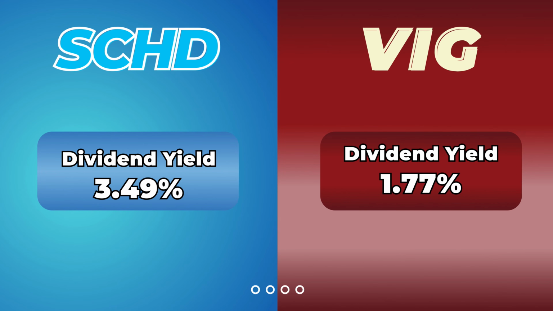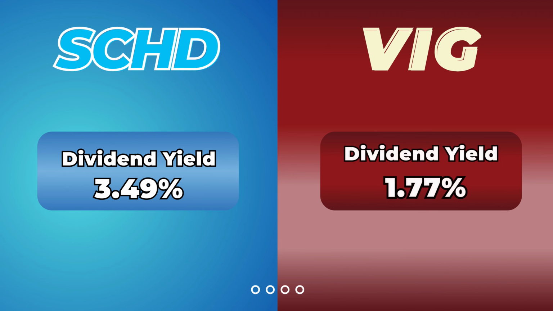All right, let's talk about dividend yield, a key factor many income-focused investors care about. SCHD has a dividend yield of 3.49%, which can be appealing for those interested in higher current payouts. On the other hand, VIG has a yield of 1.77%.